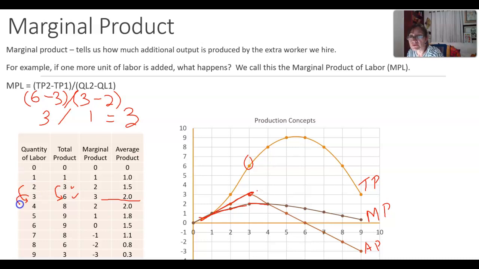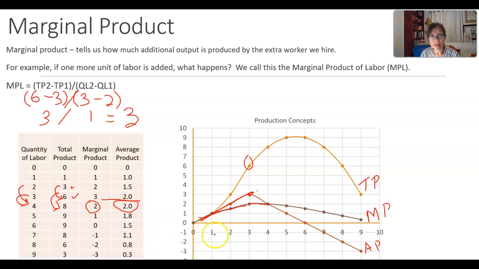We go from 3 people to 4 people, and our total product goes from 6 units to 8 units. How much extra did person number 4 add? Well, person number 4 did not add as much as person number 3, right? Person number 4 added only 2 extra units. And the average product between all of those was two sandwiches.